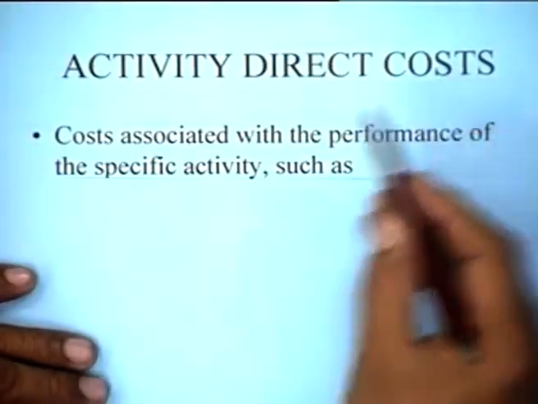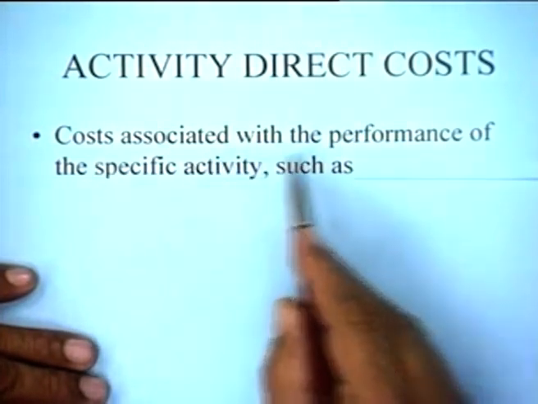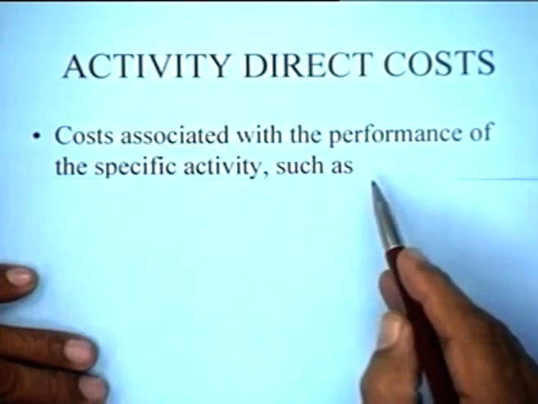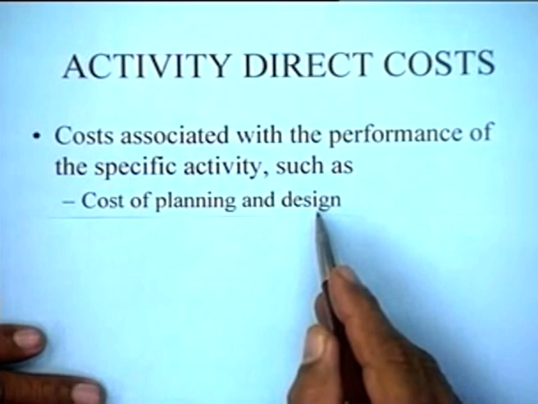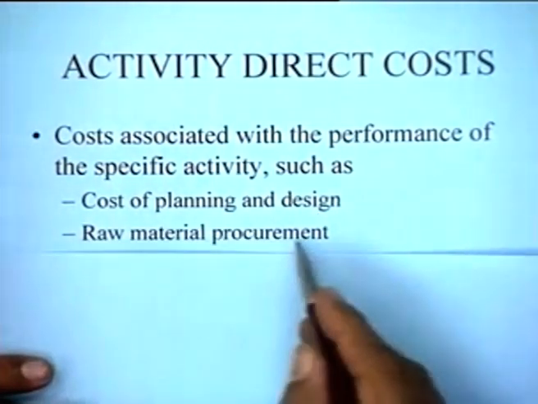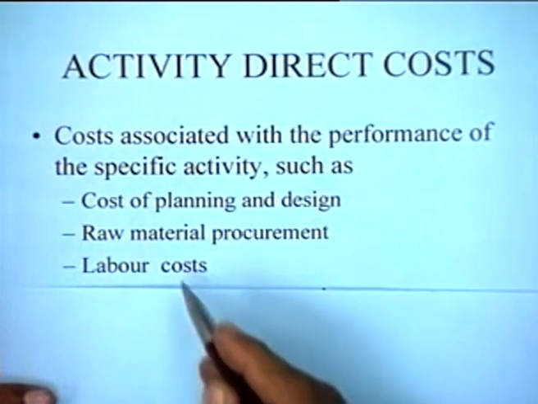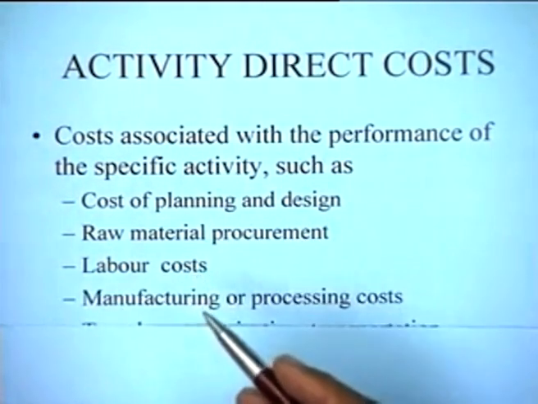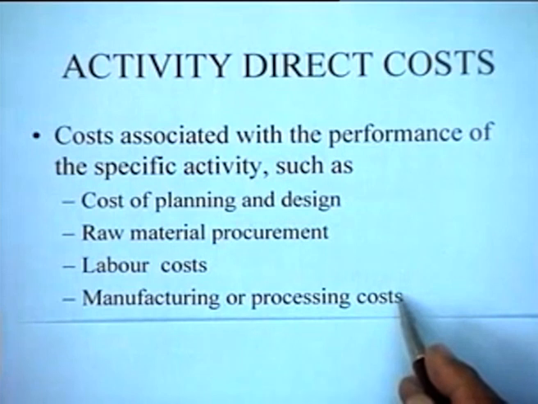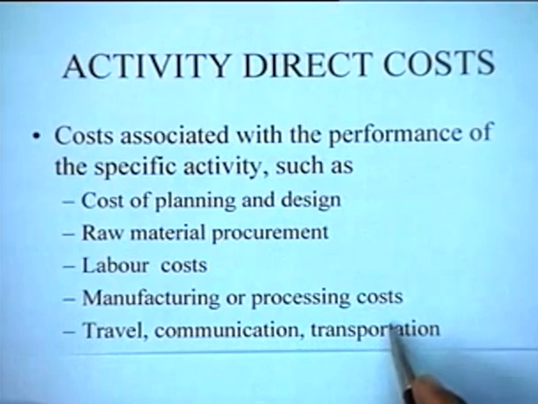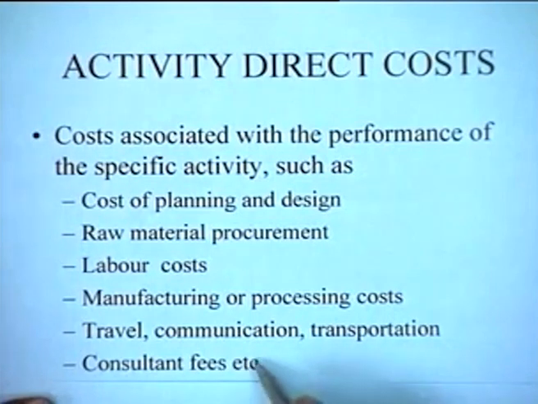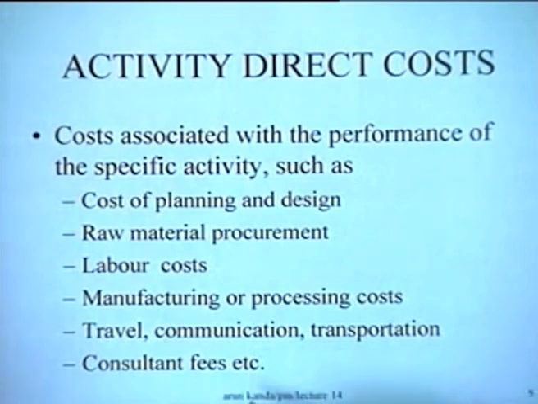The activity direct costs are those costs which are associated with the performance of the specific activity, and specifically these costs will include the cost of planning and design of that activity, the raw material procurement for that activity, the labor costs for that activity, the manufacturing or the processing costs involved in that activity, the travel, the communication and the transportation of both men and goods involved in that particular activity, the fees of any consultant that you hire to give you either technical advice or some other advice, those kinds of fees.